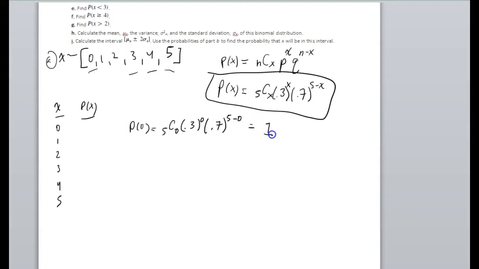So that's going to be 1, times 0.3 to the 0th, and anything to the 0th is equal to 1 as well. So 1 times 1, and then 0.7 to the 5th. If we calculate 0.7 to the 5th, we get 0.1681. So the whole thing is equal to 0.1681. Okay, so we're just going to do this for all of them.